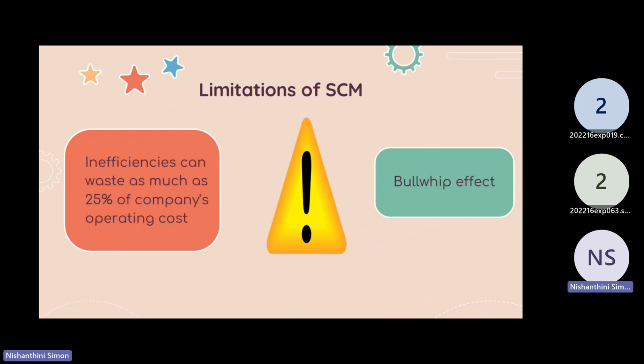Then with this supply chain, there's another issue too. We are referring to it as the bullwhip effect. So bullwhip, have you seen a bullwhip? Have you seen bulls? How many of you have not seen bulls?